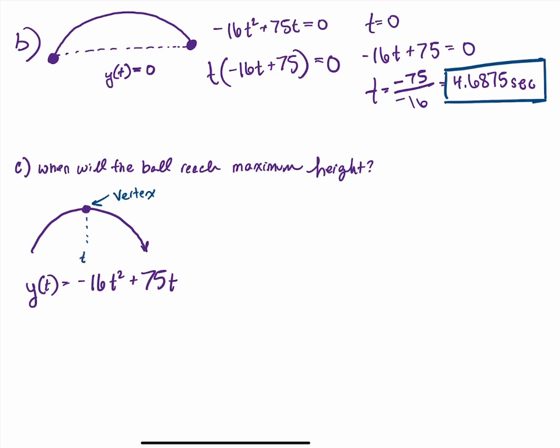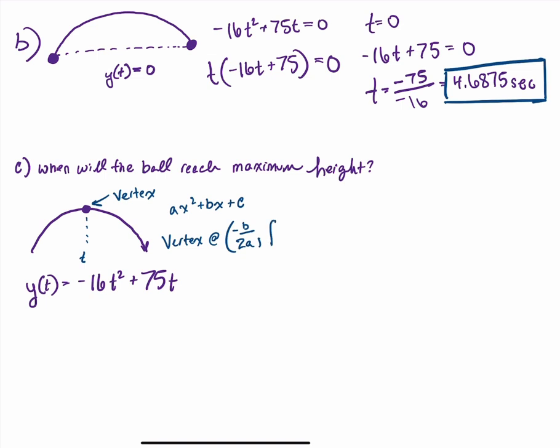So let's remember how to locate the vertex of a parabola just by given its equation. If we have something like ax squared plus bx plus c, there is a formula for the vertex. Its x position was negative b over 2a, and then we can plug that in to find the height.